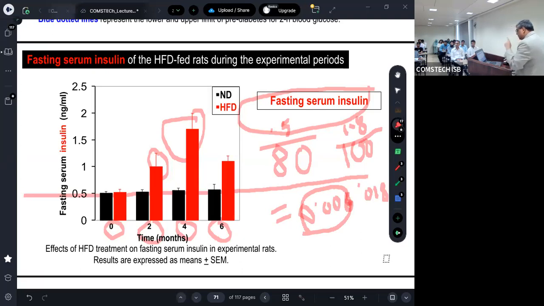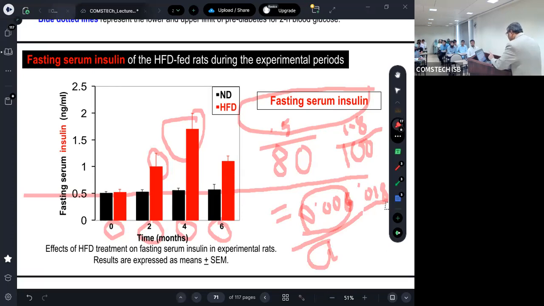So in the case of control, you have 0.006 nanogram insulin to utilize 1 milligram glucose. Remember this very carefully. Here it is 0.018.